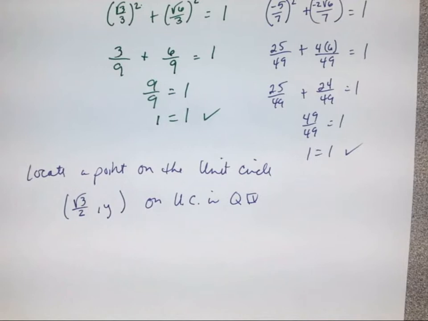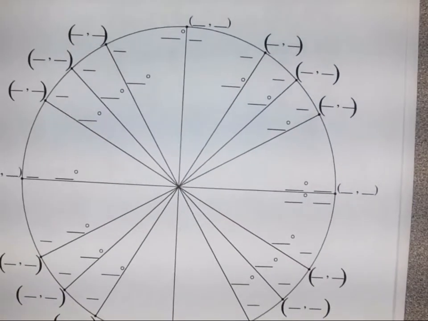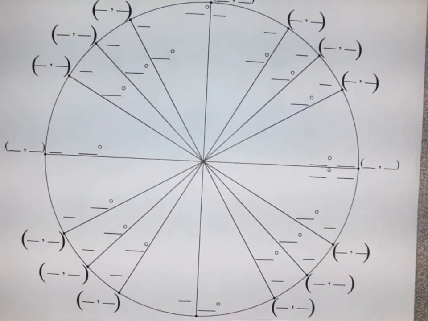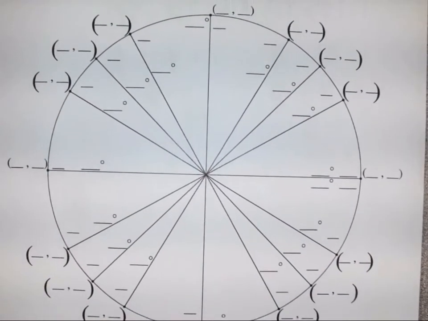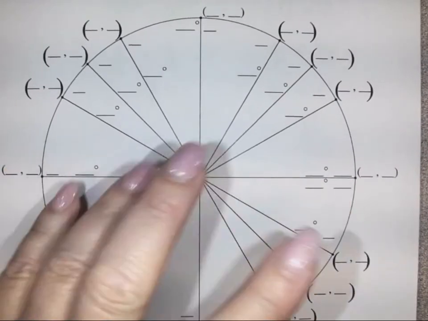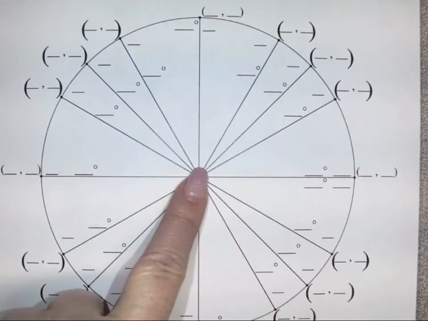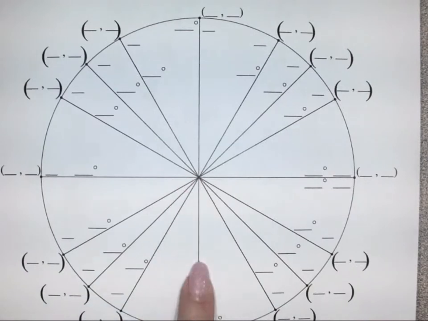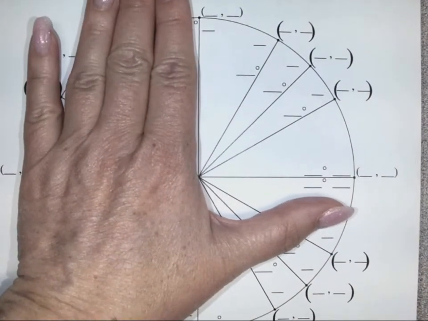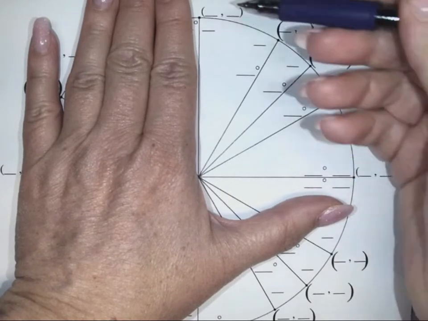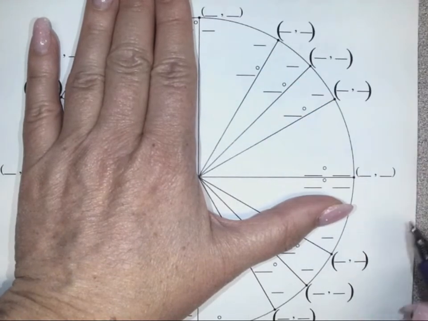So remember, with quadrant 4, we're looking at our unit circle. Let's talk about what this means for signs. That's what the quadrant will tell you, what the signs are. If this is our unit circle here, and this is the x-axis, and this is the y-axis, up here in quadrant 1, everything will be positive because we have positive x and positive y.